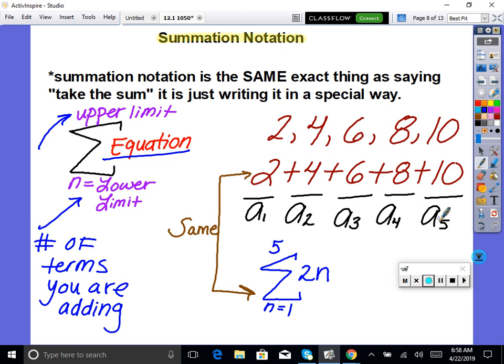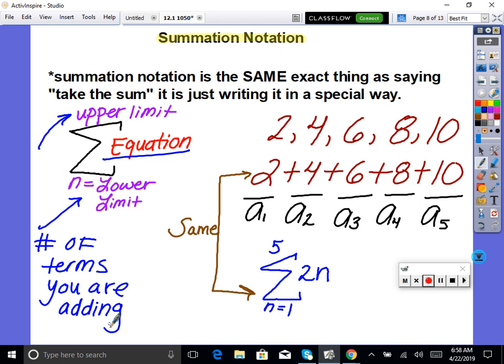So what do I put at the bottom? 1, because I'm summing up from 1, at the top, stopping point 5. You guys see how those have nothing to do with the 2, 4, 6, 8, 10. We started at the first term. So once again, look how this says it's the number of terms you're adding up. So we're literally saying start with the first term and add to the 5th term.